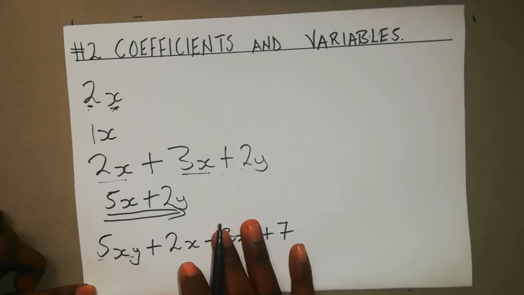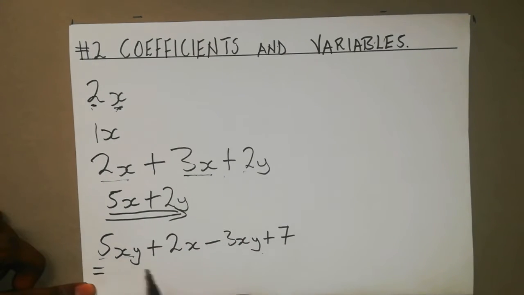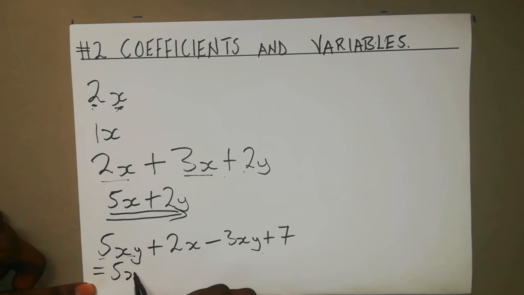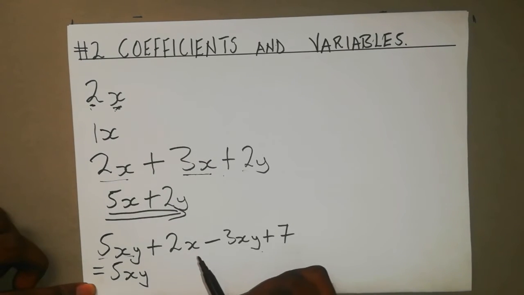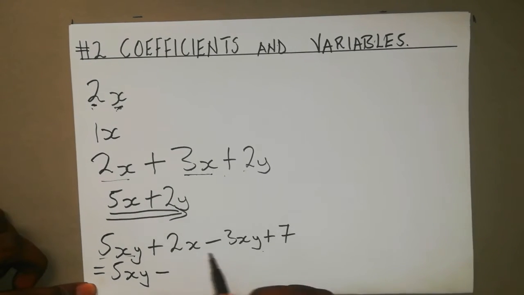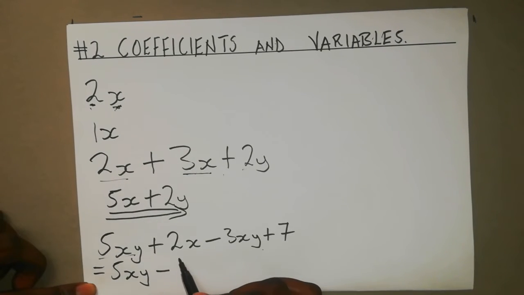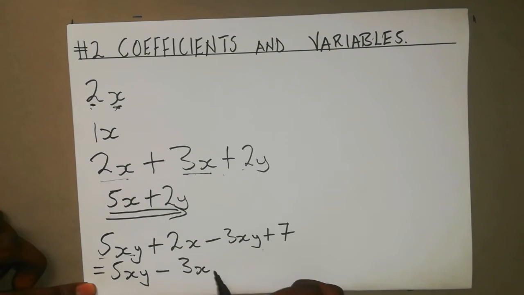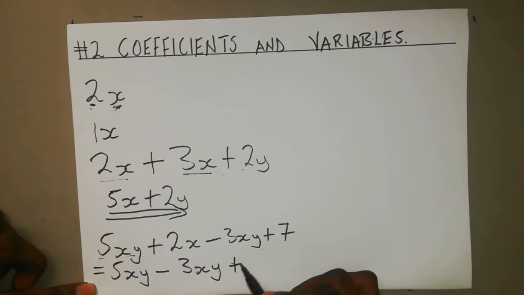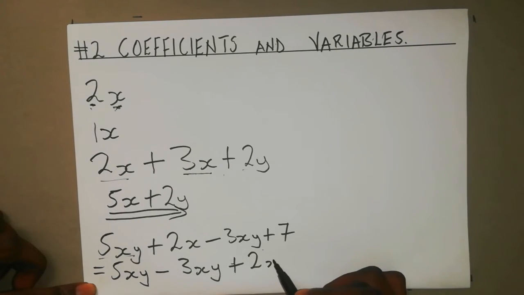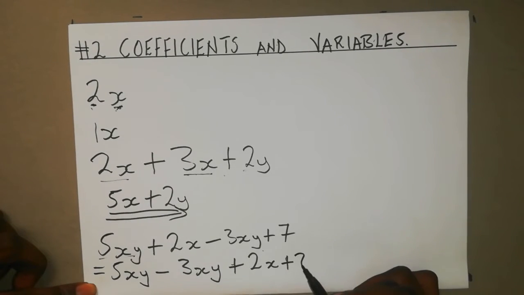Therefore, I'm going to say equals 5xy minus 3xy plus 2x plus 7.